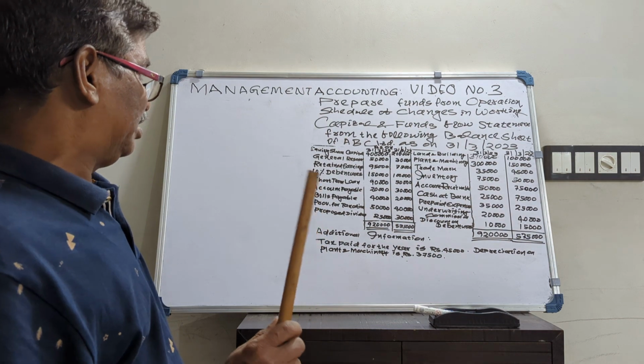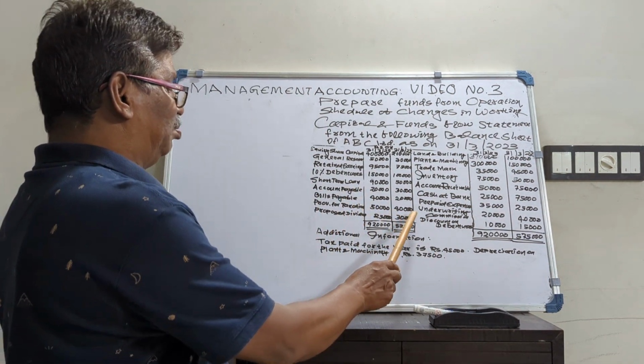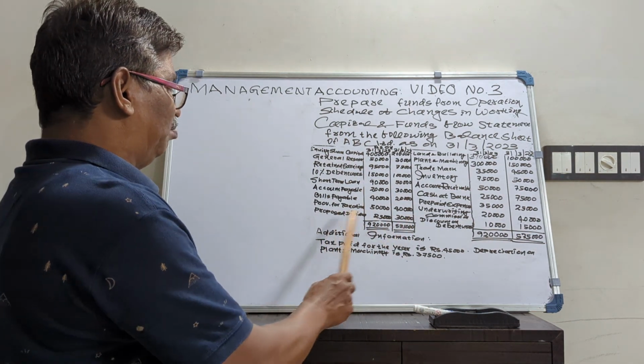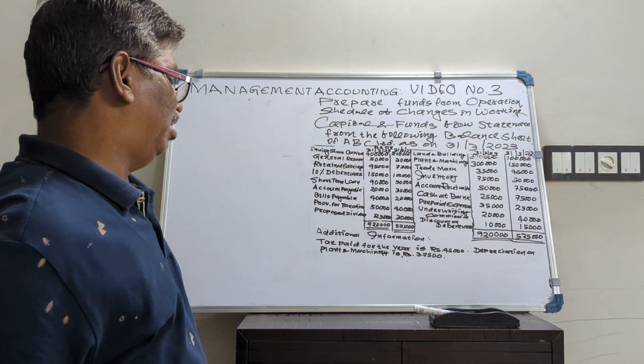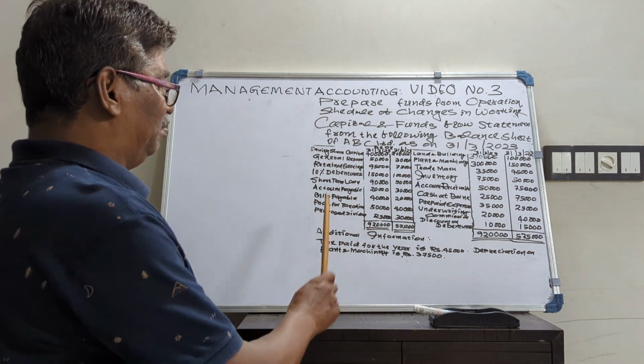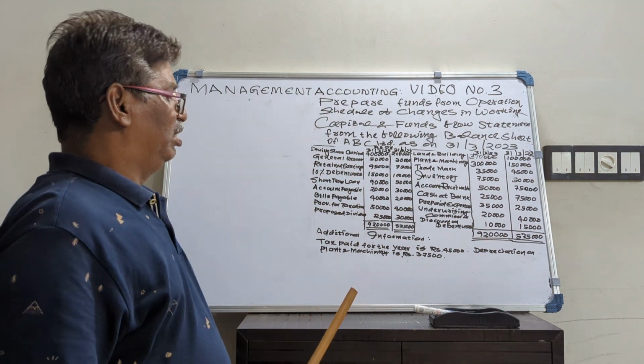Then till date it is kept as provision. So 30,000 was the provision at the beginning, then during this period the company made payment of 30,000. So another 25,000, the closing, will be adjusted from the adjusted profit and loss account.